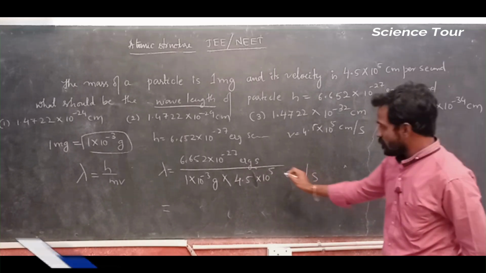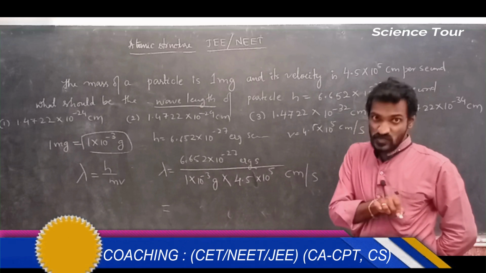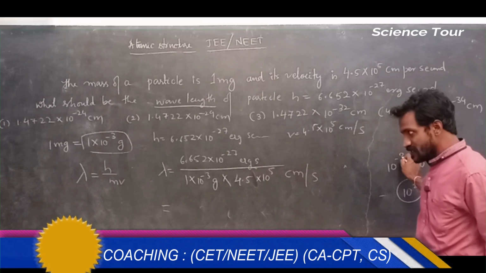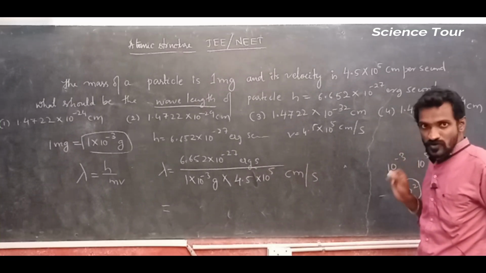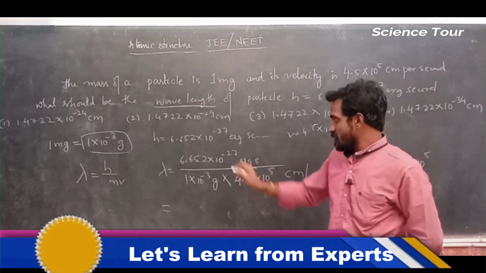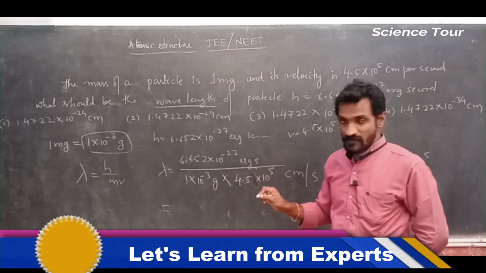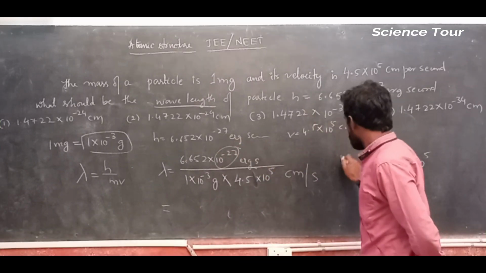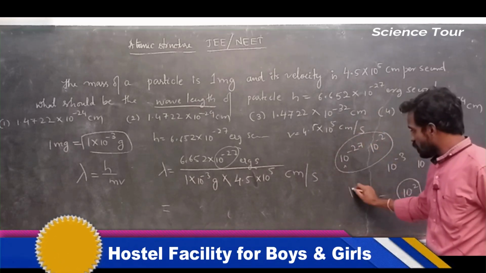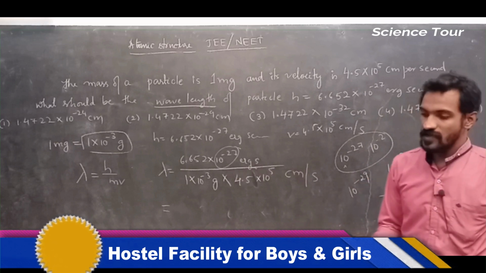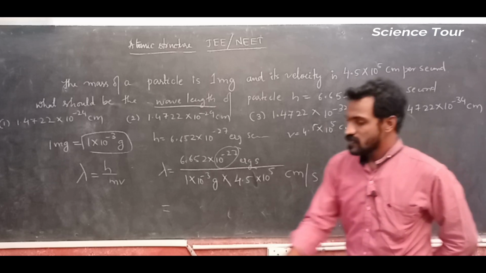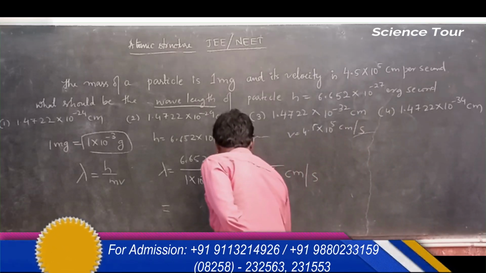That 10 to the power 2, when it goes up, becomes 10 to the power minus 2. Very important. Then minus 27 plus minus 2: here 10 to the power minus 27 and 10 to the power minus 2 give 10 to the power minus 29. First you have to solve the 10 to the power part. Don't get confused with this term. You are getting 10 to the power minus 29.